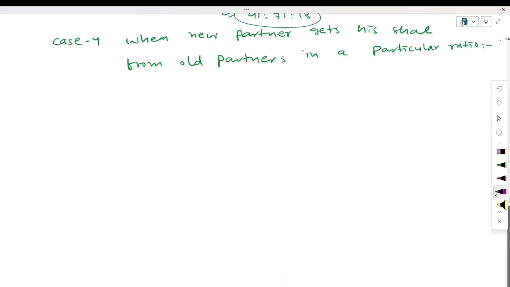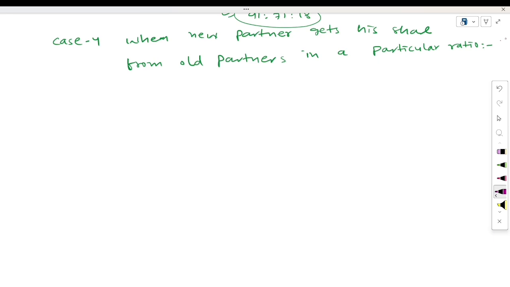Now the next case is a little bit of an extension of the previous case. Here what would happen? The new partner gets his share from the old partners in a particular ratio. In the previous case, they were getting their share in equal ratio. Here in the question, a particular ratio will be mentioned.